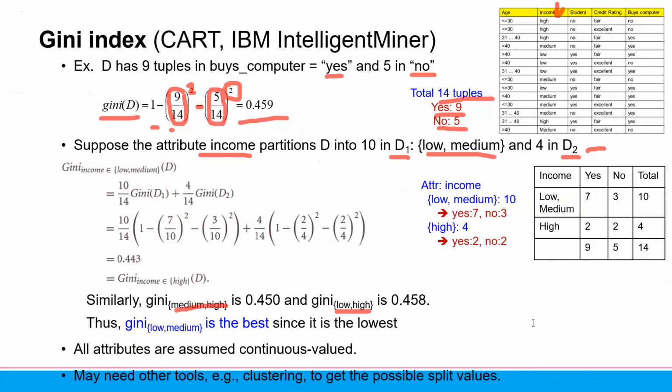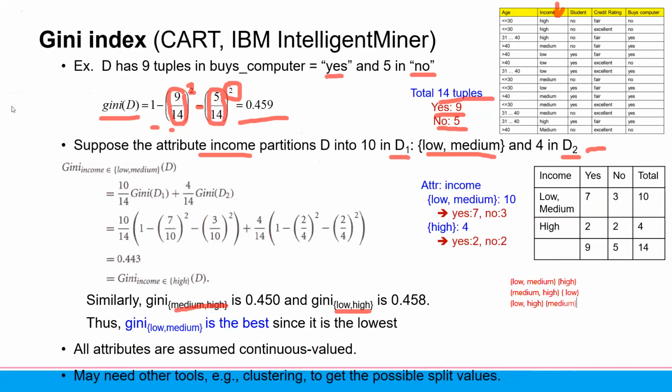Okay, so if we make into two, then we can have low, medium, and high. We can have medium, high, and then low, and we can have low, high, and medium. So we need to check one by one.